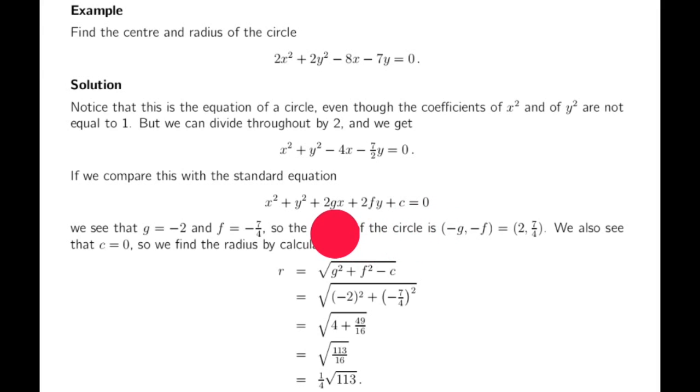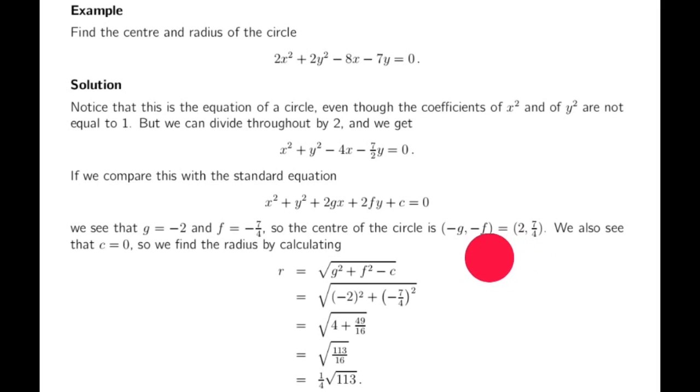Now, 2g equal to minus 4 and hence g equal to minus 2. 2f equal to minus 7 by 2. Hence, f can be written as minus 7 by 4. Center of circle is minus g comma minus f. Hence, 2 comma 7 by 4.